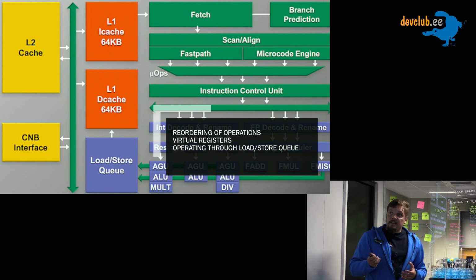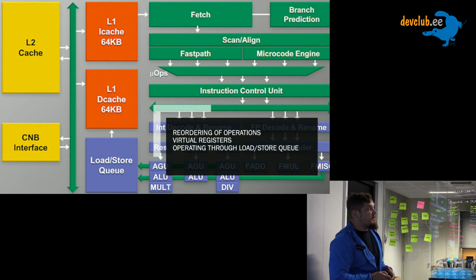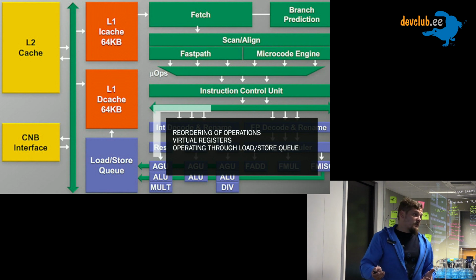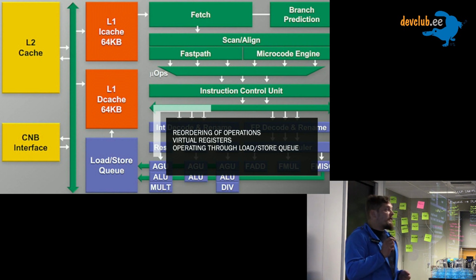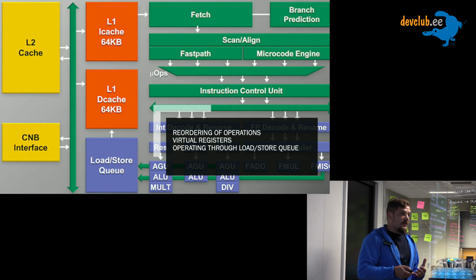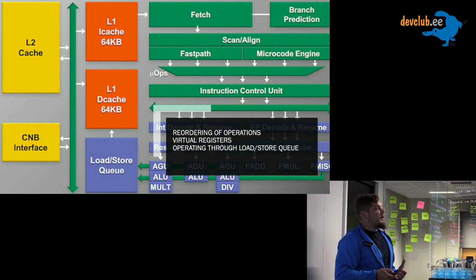And there are different caches for data and instructions. Again, it's made for the optimization of the pipeline, because the pipeline always takes the data from the L1 cache. Another important thing is that there are internal so-called virtual registers, because there is no one-to-one mapping. And all the storing and loading operations go through the queue.